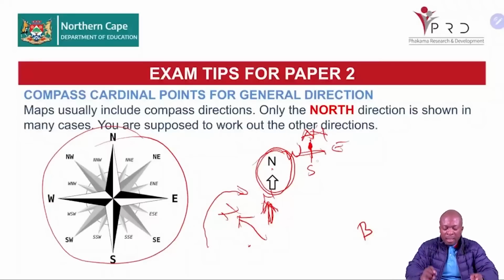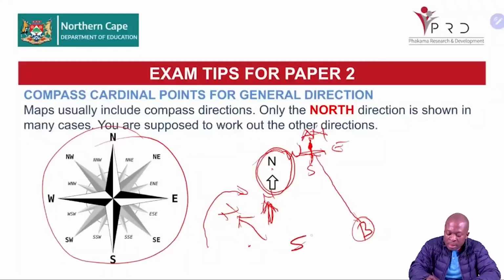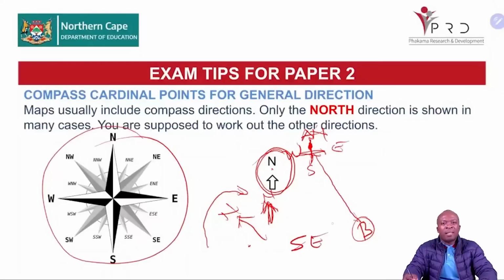So once the arrow is facing up, then you can draw your plus on where you are going so that you can be able to check. Like in this case, because we want to see what is the position of this town. Once we have drawn the plus, then you draw a line to come there. Do you see that my line is between south and east? So your answer is SE, or southeast. That is it. You are done.